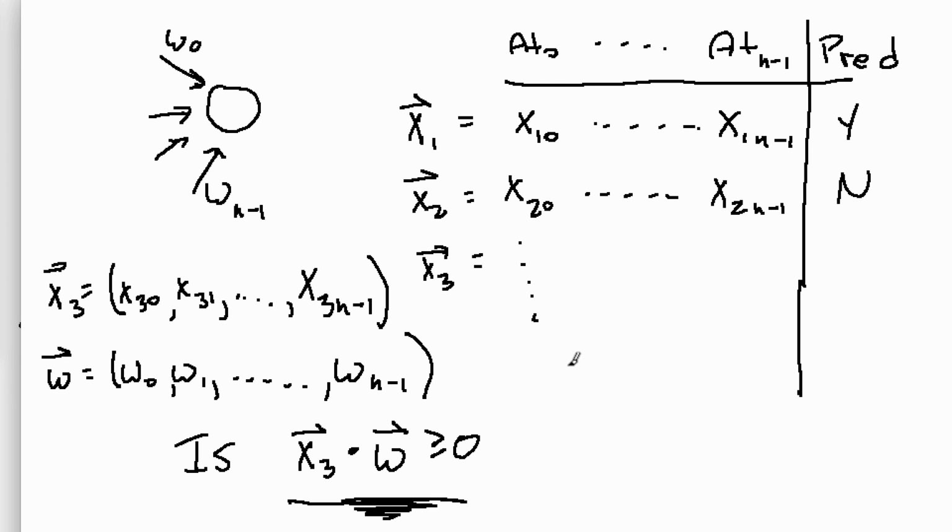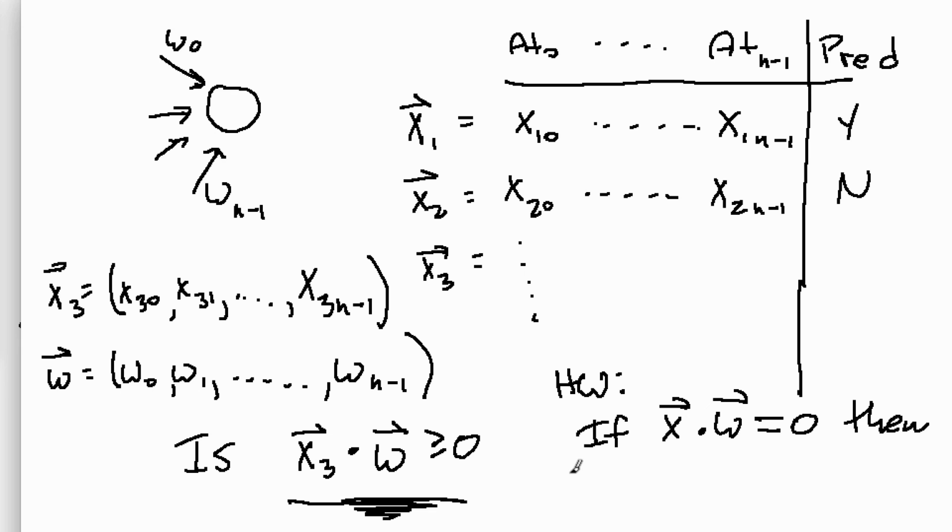And here's a little homework for you. Show that if x dot w is actually equal to 0, then x and w are perpendicular.